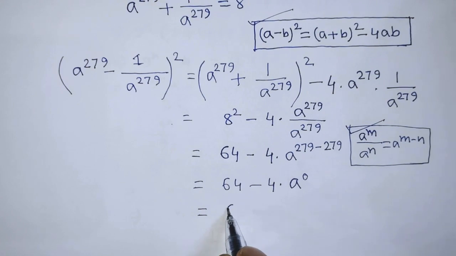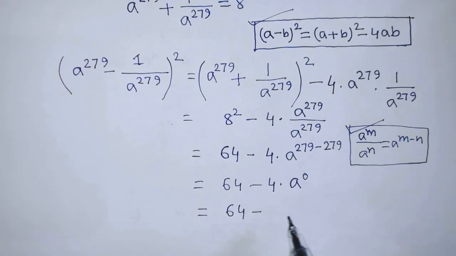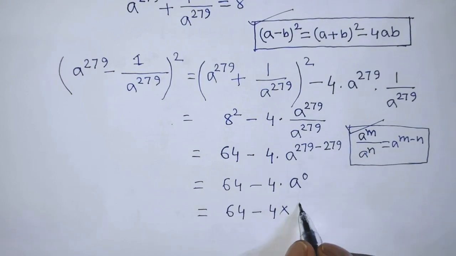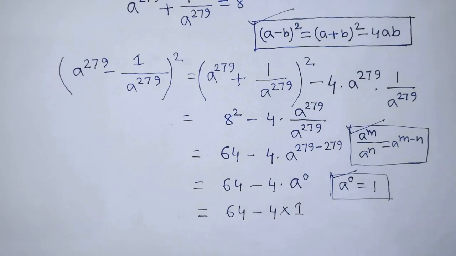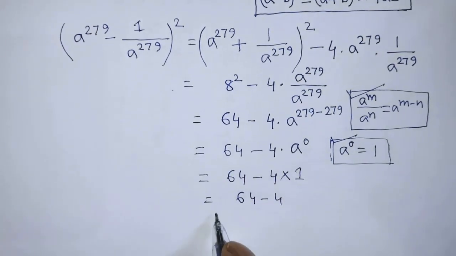Again you have to write 64 minus 4 times a to the power 0, that is 1. According to this formula, we can write 1 in the place of a to the power 0. So after that, we have to write 64 minus 4, that is 60.